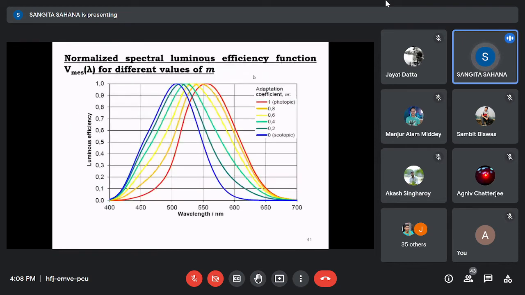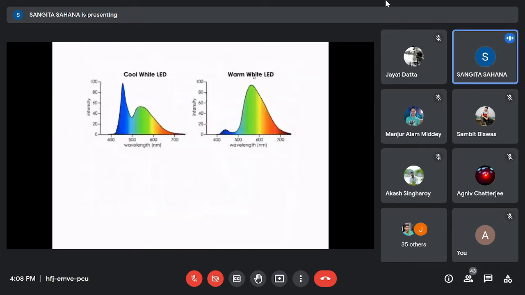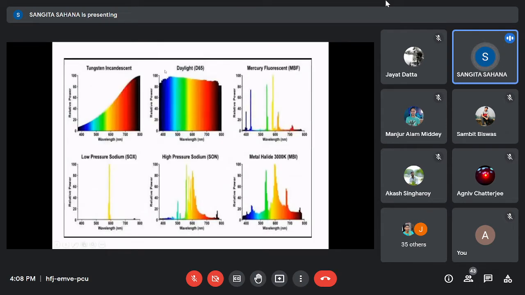Like if you recall the SPD, here we have seen different output at different wavelengths. This is nothing but the radiant flux. When we plot this radiant flux for each wavelength, we call that spectral radiant flux. So the radiant flux or emitted power at each wavelength is the spectral radiant flux.